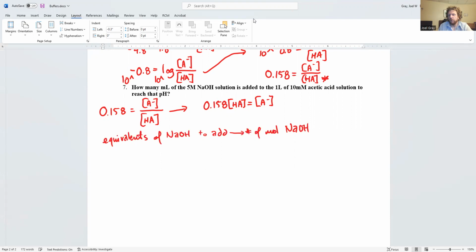Once we have the number of moles of NaOH needed, then we can have the volume. So our question is really going to be, what amount of HA needs to be deprotonated?